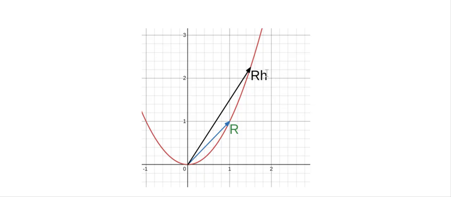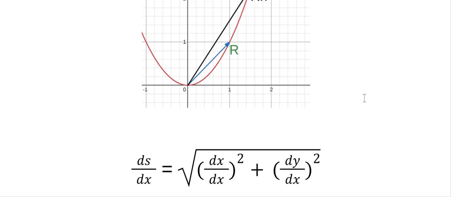So it'd be R_h minus R divided by the change in this arc length. So we want to know the change in this coordinate system. We want to know the change in x, right? So we're going out another x away from this one to form this new vector.